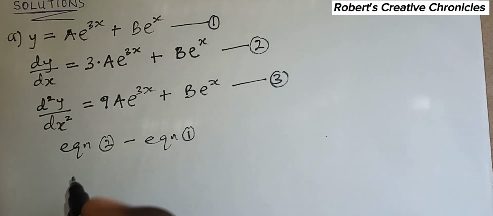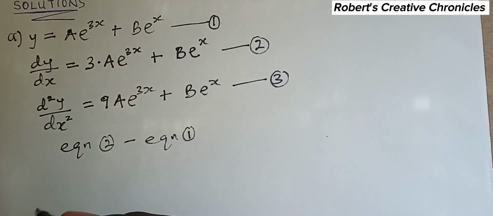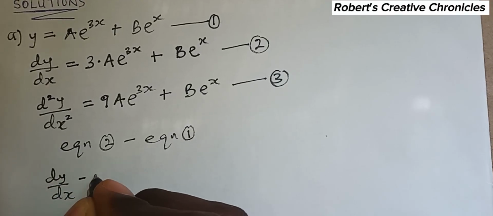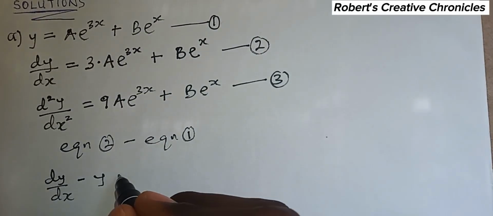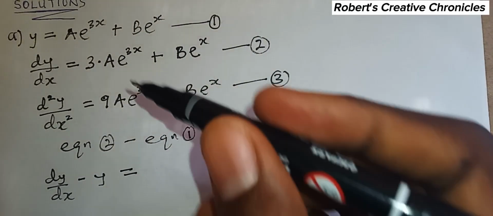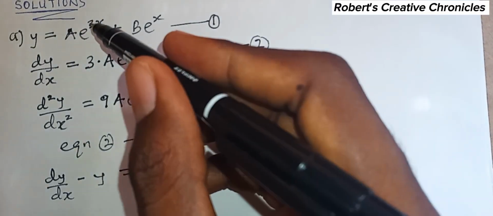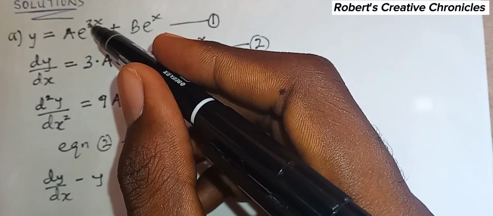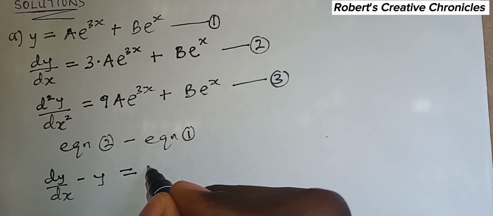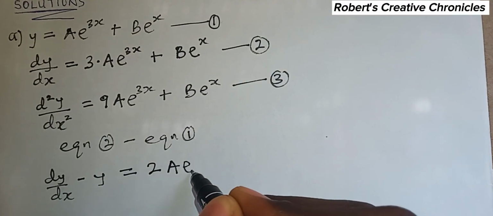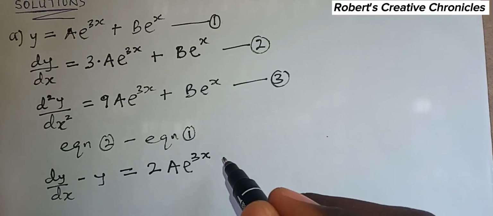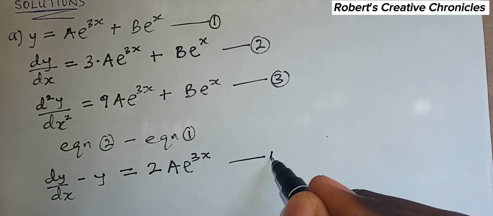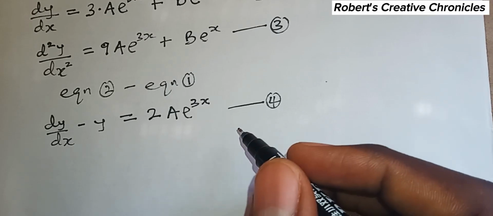It will be dy over dx minus y equals 3A exponential 3x minus A exponential 3x, which is 2A exponential 3x. Then B exponential x minus B exponential x is 0. So this is the answer. This will be our equation 4.